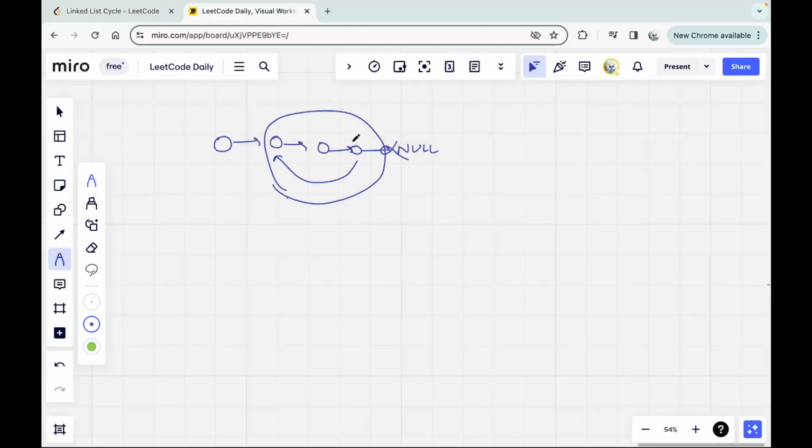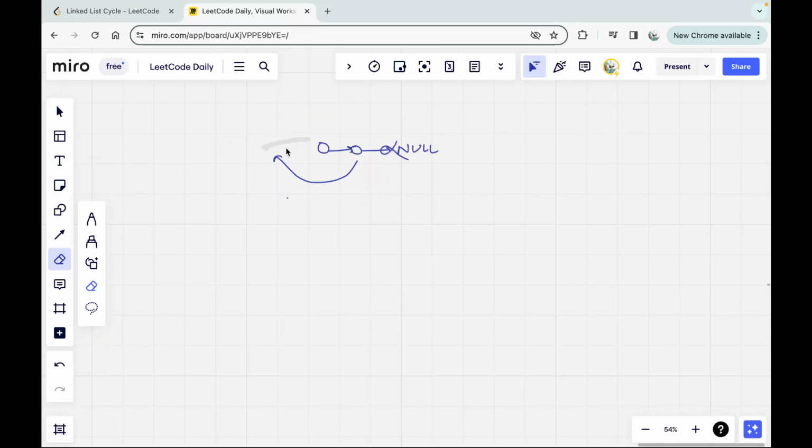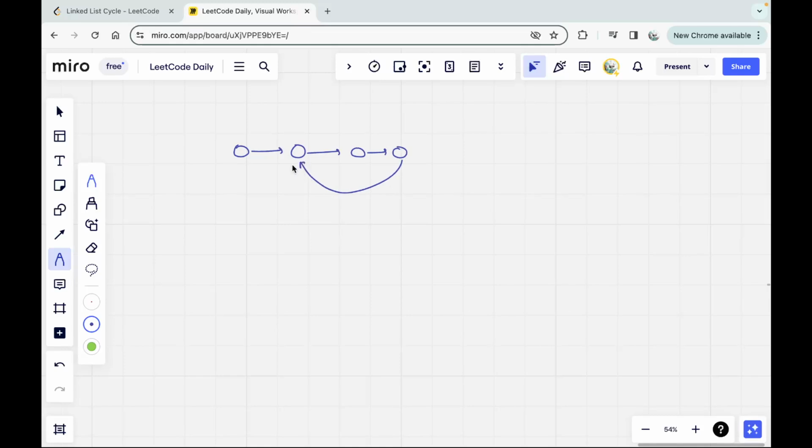Okay, now let us see how we have to go about it. A very naive approach that comes to our head while looking at this question is that, see, you have these nodes, and it's having a cycle here.